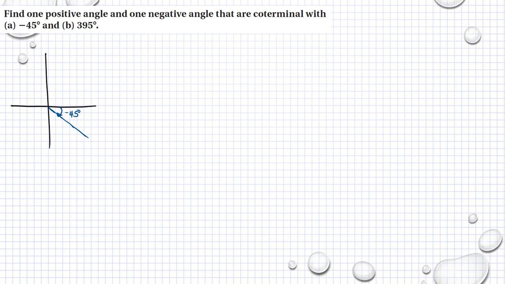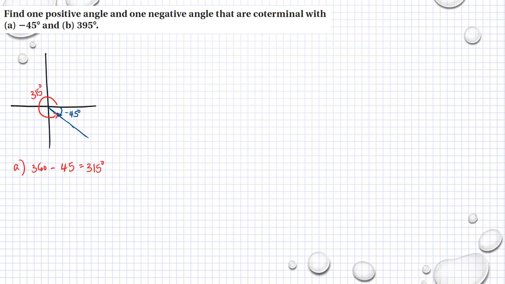Then we need to find a positive angle that is coterminal with that. So if I'm going to do the counterclockwise now, then I have 360 minus 45. For A, we have 360 minus 45. Then we have 315 degrees. I hope so. Yeah, 315. So this is 315 degrees.